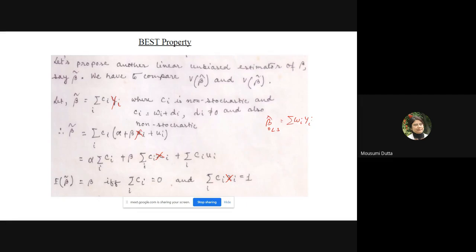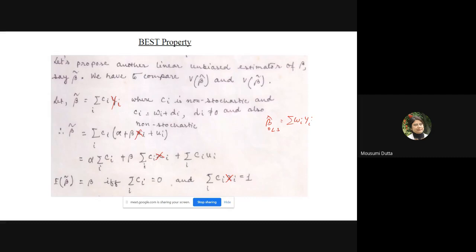Okay, so beta tilde is equal to summation CI. I'm replacing YI by the basic regression, alpha plus beta XI plus UI, because I need to check whether the expectation of beta tilde is unbiased, or whether I need to consider different constraints following the unbiasedness condition.